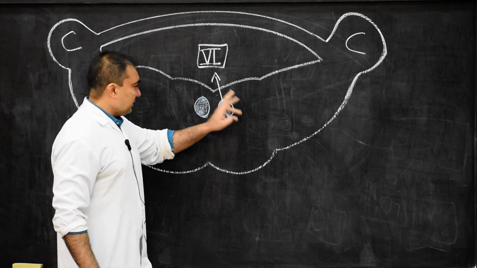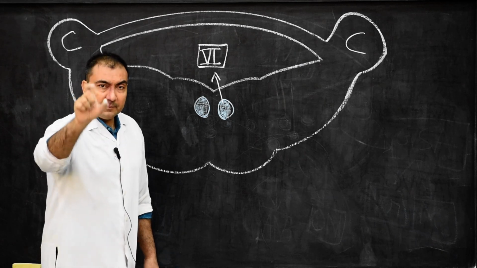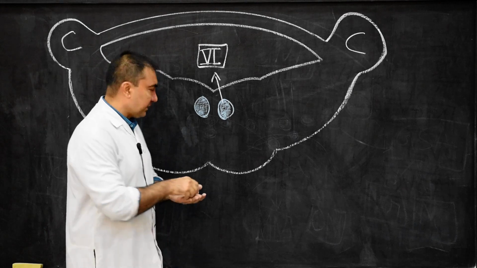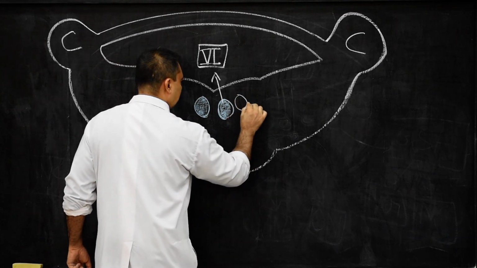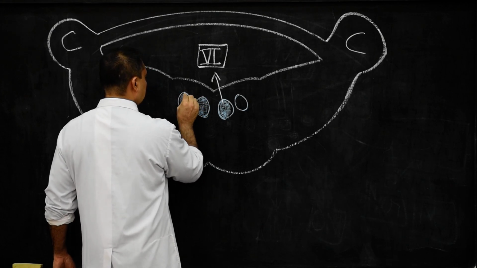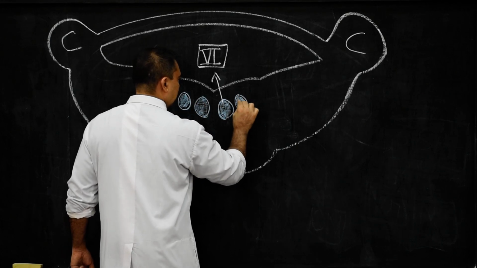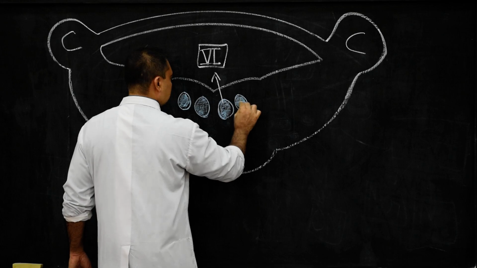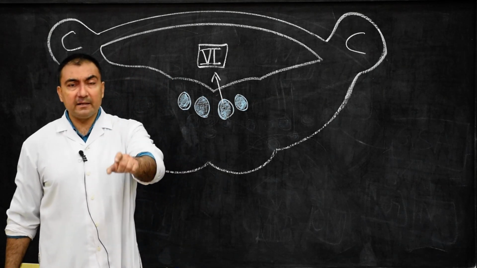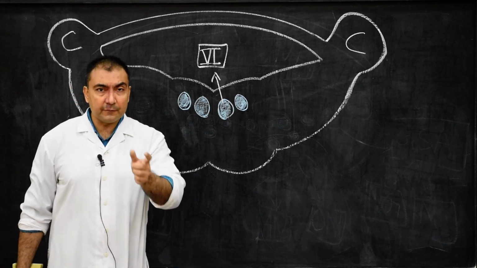Then the second functional component besides somatic efferent in the pons, in the basal lamina, will be the branchial efferent, or special visceral efferent. This will lead to the development of those cranial nerve nuclei which supply the muscles developed from branchial arches.